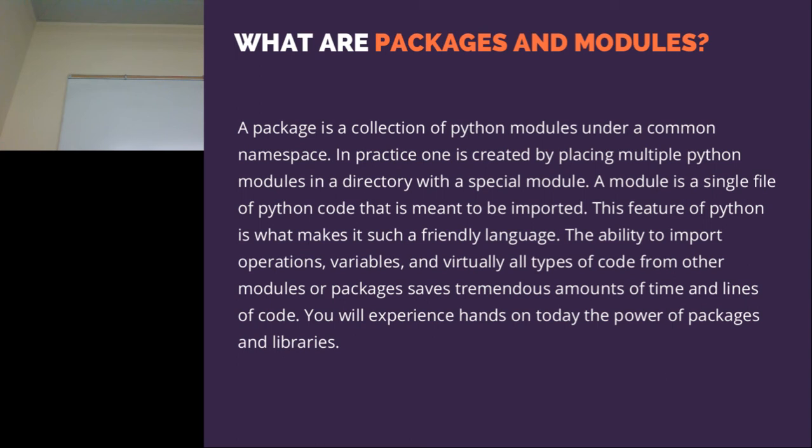Instead of writing all that code again, you can just import it into your new code. So we're going to use OpenCV, and we're going to use something called Matplotlib. Has anyone ever used MATLAB before, or heard of MATLAB? It's used very regularly in engineering courses. Matplotlib is also another library we're going to be using.